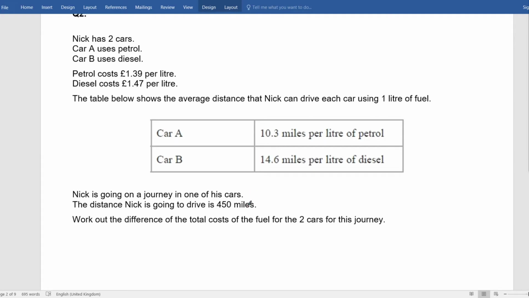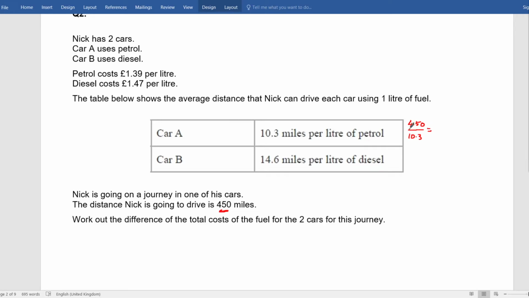right, so we've got 450 miles to do. So what we could do first here for car A, we could do 450 shared by 10.3. Now this will tell me how many liters of petrol we need.